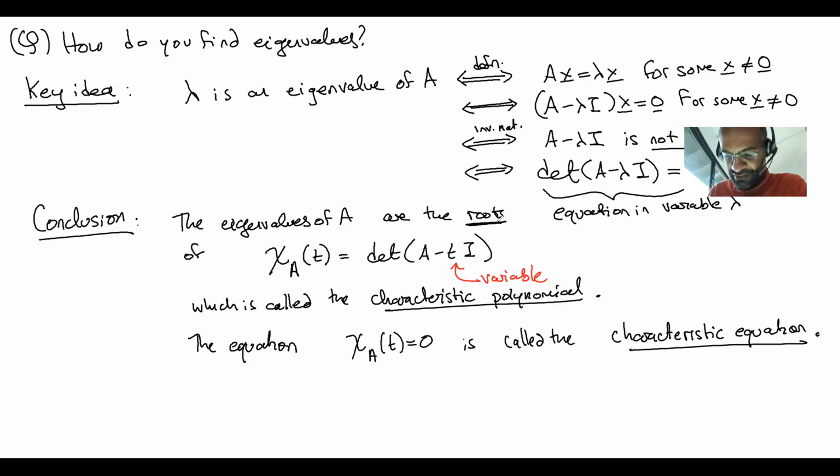So let me demonstrate this with an example. This might seem a little abstract, but the point of this slide is that the eigenvalues correspond to roots of some polynomial, which is a characteristic polynomial. So let me do it with an example. Let's do our example from the beginning of the lecture where I just produced eigenvectors out of thin air.